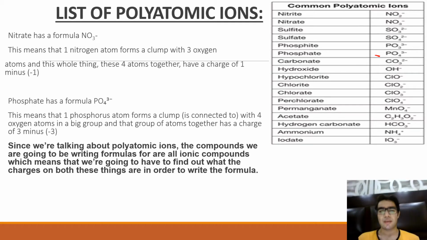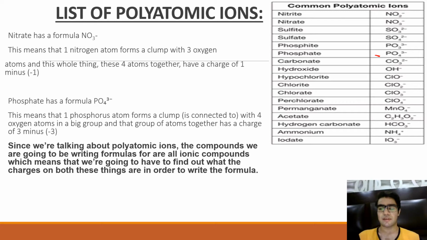Since we are talking about polyatomic ions, the compounds we are going to write formulas for are all ionic compounds, which means we have to find out what the charges in both parts are in order to write the formula.